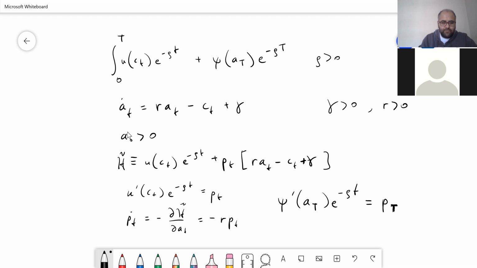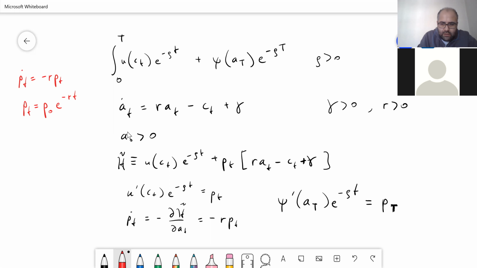Now be careful. If p dot t is equal to minus r p(t), I have basically this solution. Right? So I know exactly how it behaves, right? Now, obviously, we also have this.